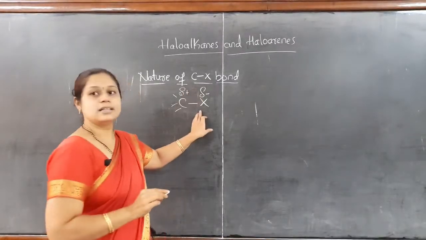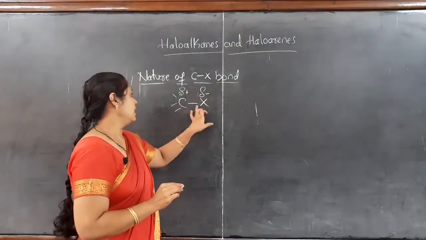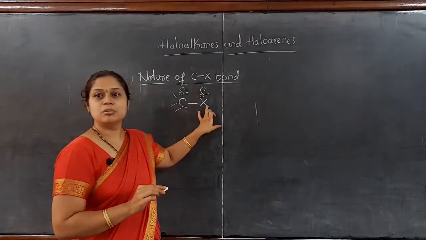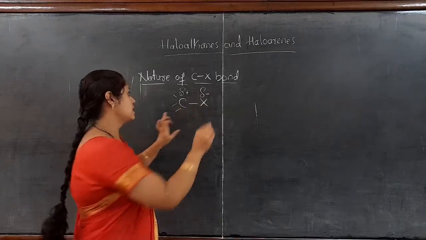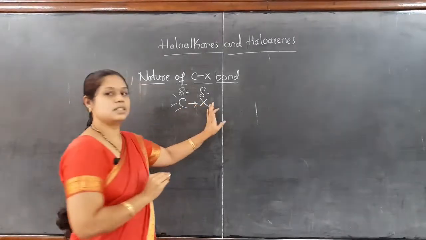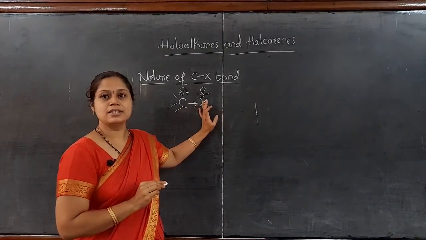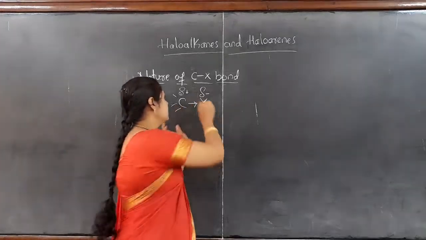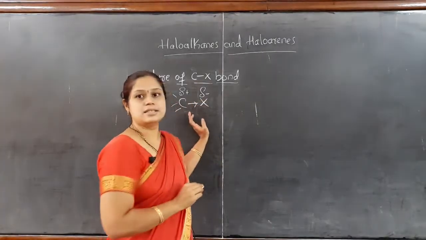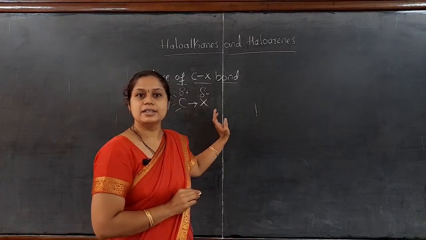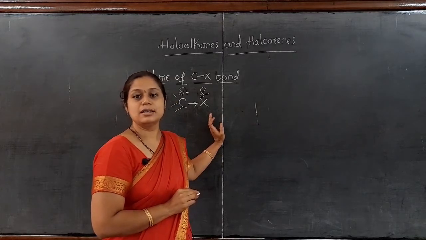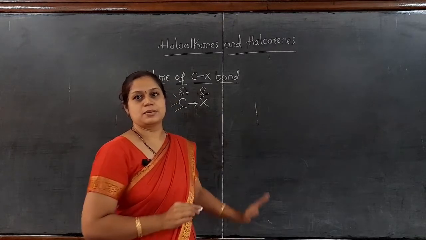The paired electrons are drawn towards the halogen atom, hence the bond is a polar bond and these molecules are polar molecules.